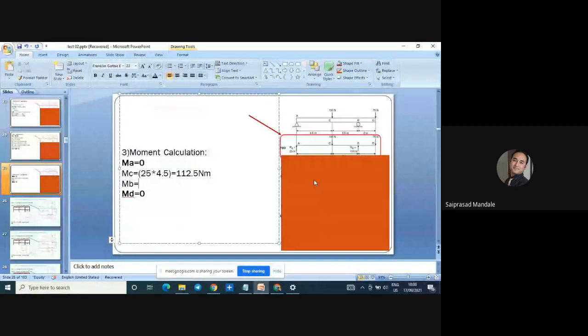Okay. Moment at B. Tell me the equation. 25 into 4.5 plus 3.5. Okay. Then minus 100 into 3.5.